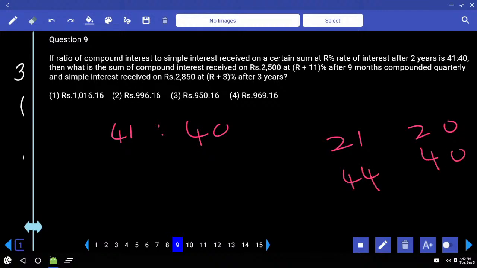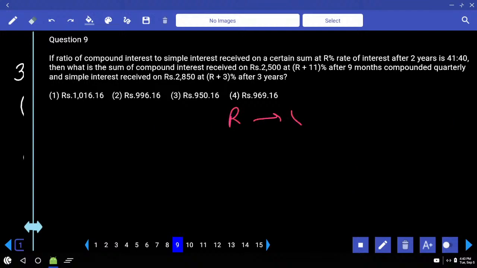And if it is 5%, then 10.25 and 10. This is 4 times that. Understood or not? So obviously the rate of interest is 5%. Means R must be 5%.